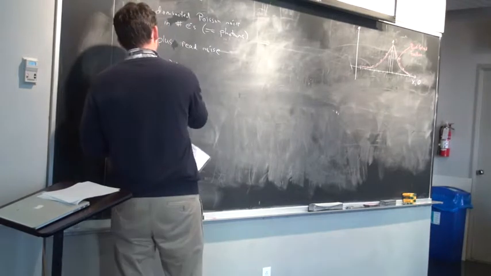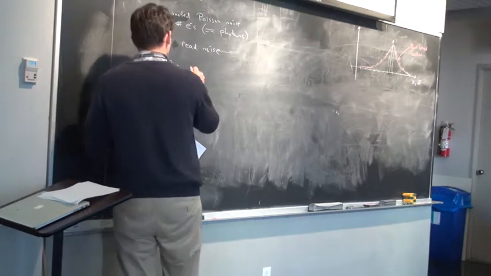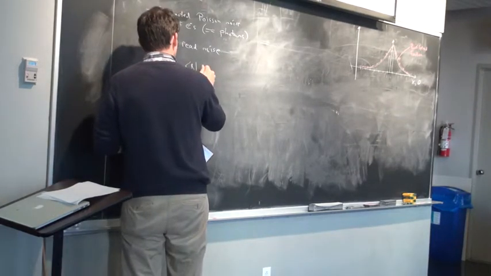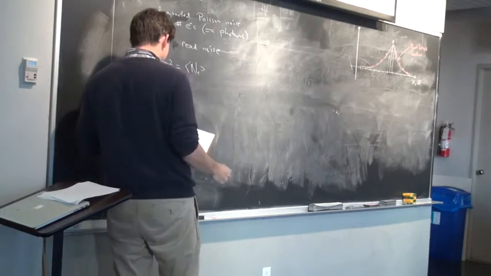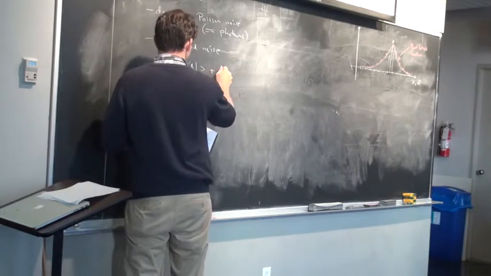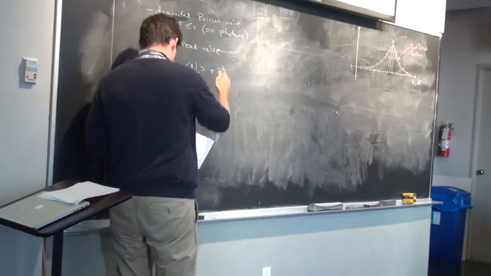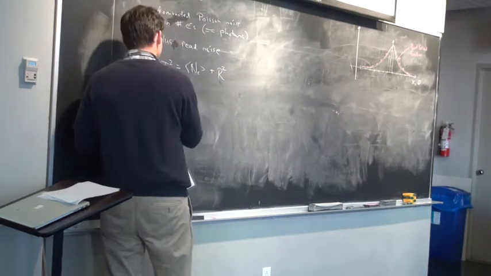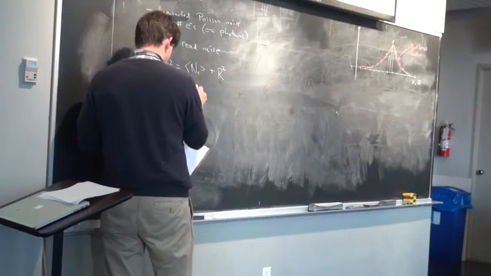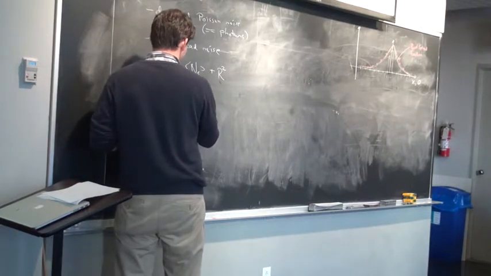So typically, a noise model is the mean number of electrons expected in your exposure plus r squared. Now, this mean number in detail looks like the following.